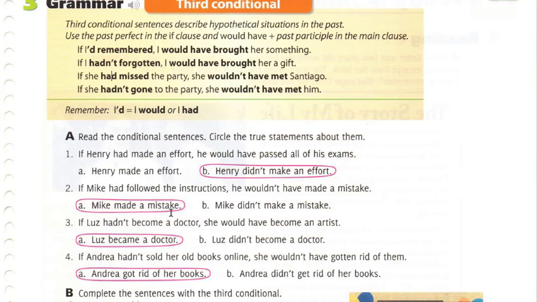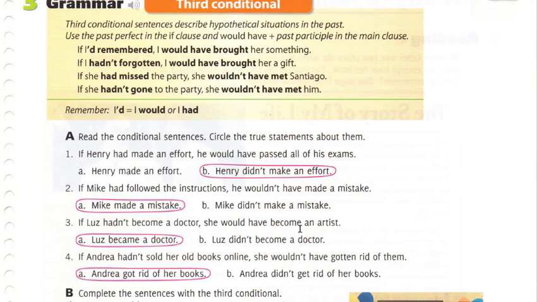Okay. If you notice, all of these start with the word if, which makes it the hypothetical situation. Had plus the past participle makes it the past perfect. And would have is followed by the past participle in the main clause.